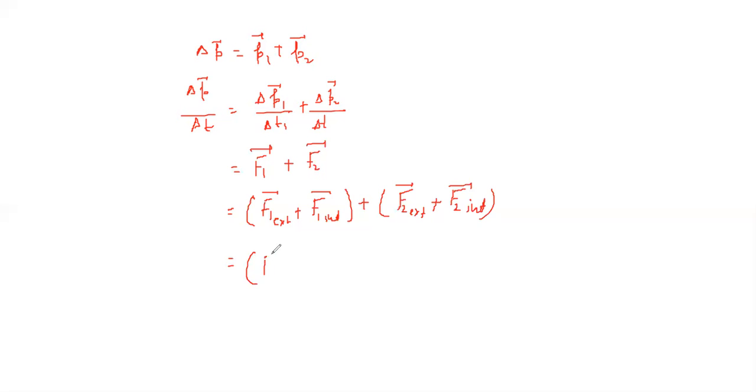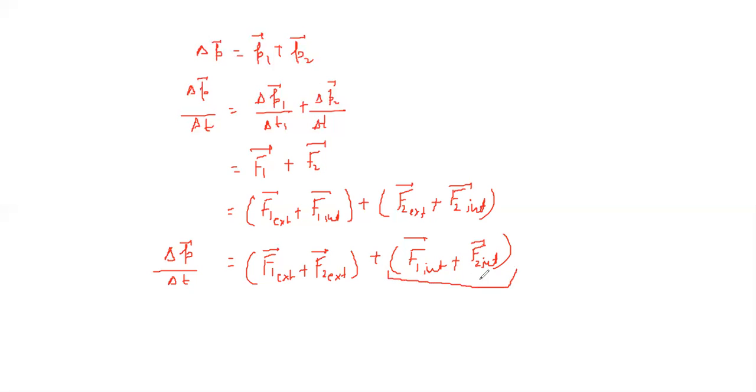So we can write F1 external plus F2 external in one bracket, and F1 internal plus F2 internal in another bracket. So we know that F1 internal and F2 internal form an action-reaction pair. So F1 internal equals minus F2 internal.